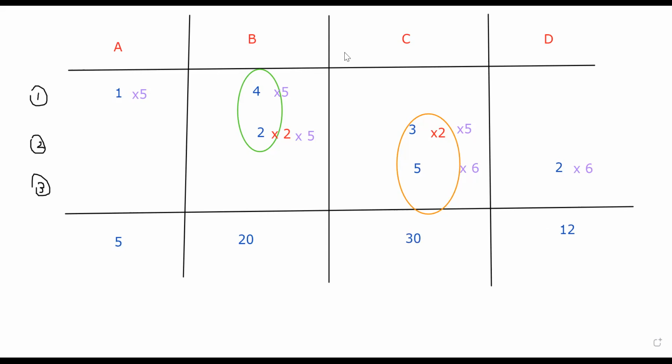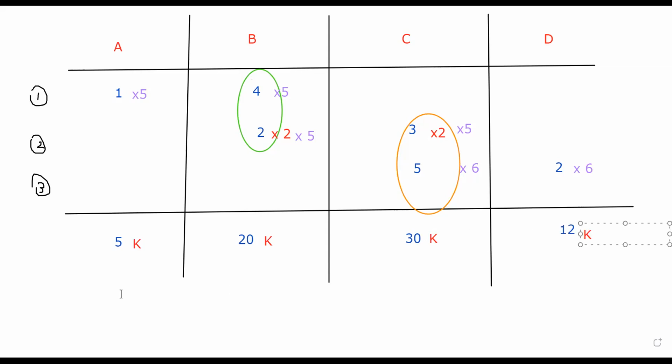But we are not talking about this ratio just yet. We want to talk about, if that's the case, which means that if A is equal to 5K for a proportionality constant K, then B must be equal to 20K, C must be equal to 30K, and D must be equal to 12K.